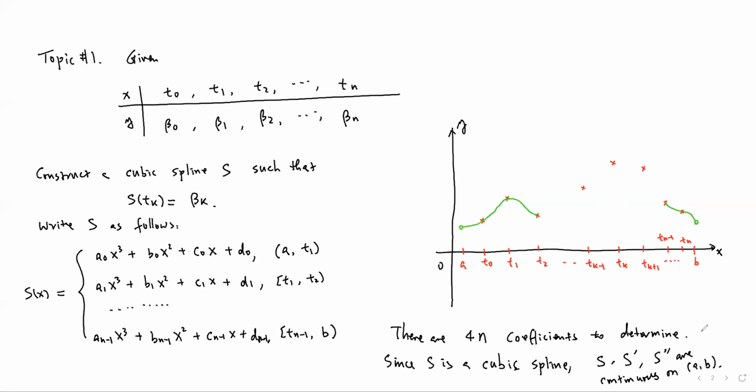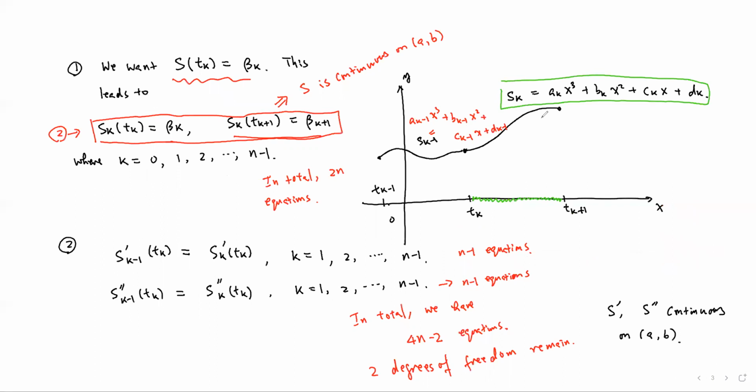If the derivative is continuous at the interior knots, then the whole curve S will be continuous.